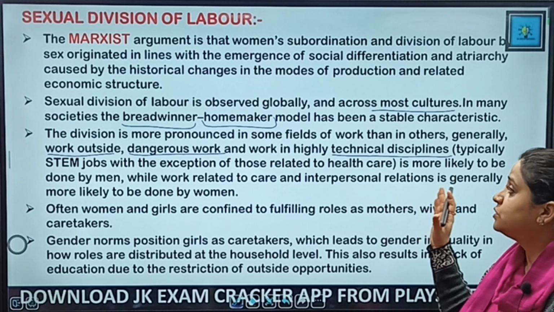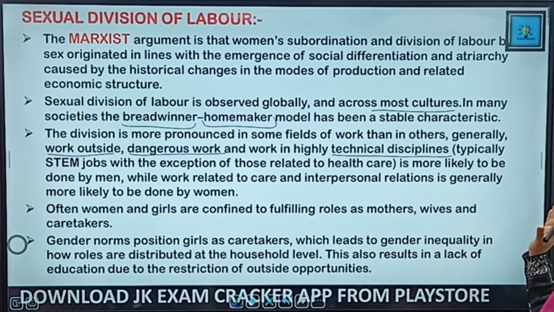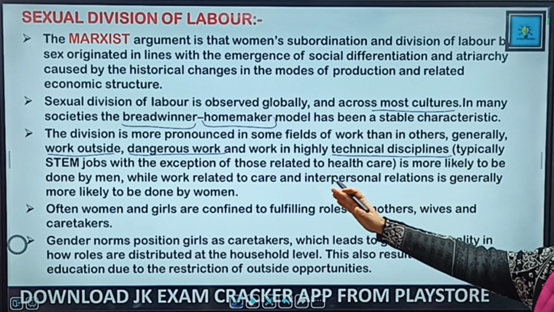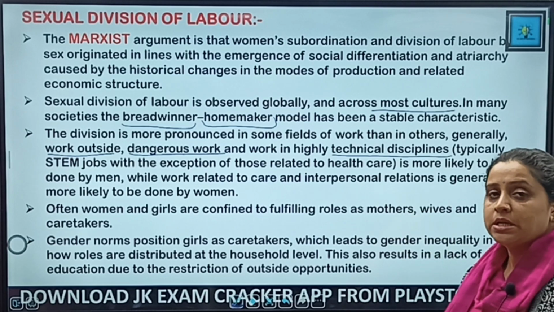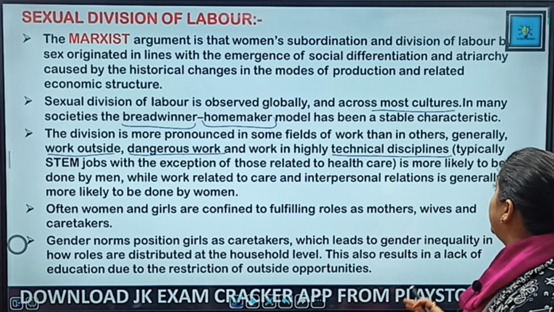So some, like जो technical occupations होती हैं बड़ी, या जिसमें dangerous काम, जैसे मैंने कहा कि front line पे जो officers या जो army वाले जाते हैं, women are not considered suitable for them.